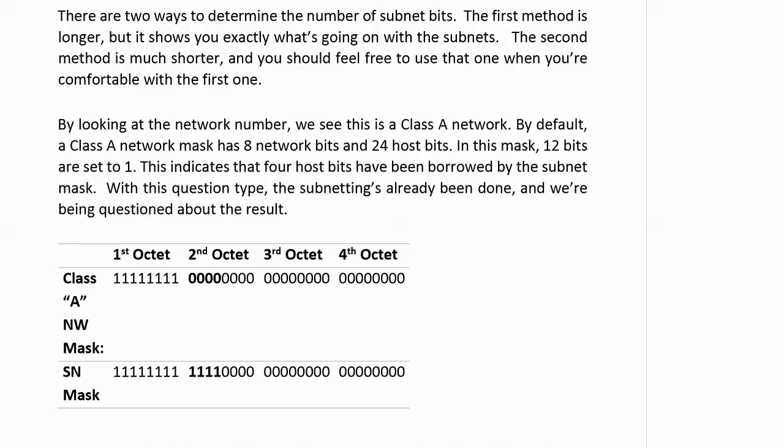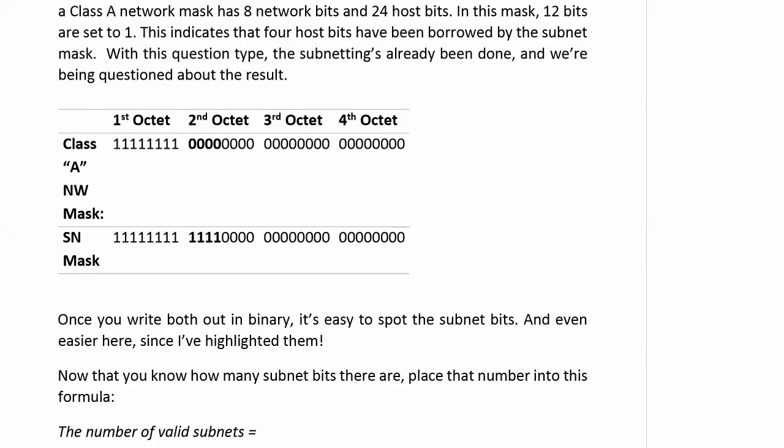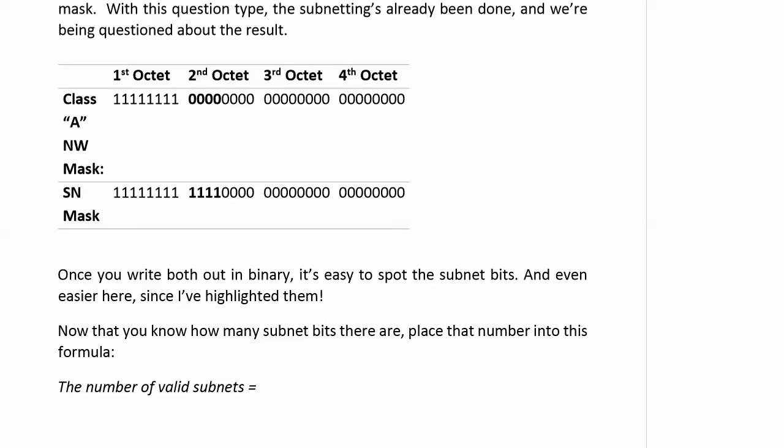Now, once you write it out in binary, and again, do this until you're totally comfortable with it, it's easy to spot the subnet bits because they're going to be where the subnet mask has 1s and the network mask has 0s. Those are the subnet bits. And I hate that this got off on 2 pages, but that's okay. Because once you know how many subnet bits there are, you just need to put that number into a formula. And I hate to even say formula.